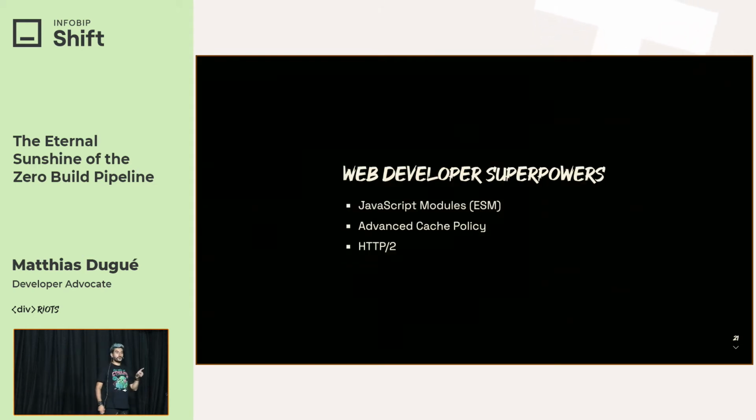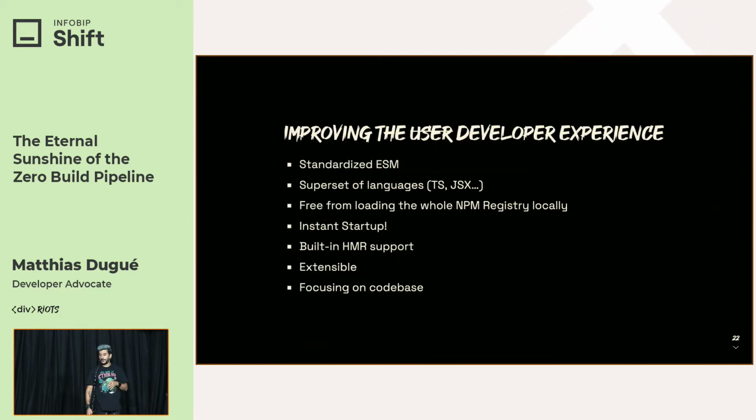So we now have some kind of superpowers. We've got JavaScript modules that are supported everywhere. We've got advanced cache policies that are directly available in our web browsers. And we've got the HTTP and HTTP2 protocols that help us to send chunks of data and chunks of code at any point in your browser.